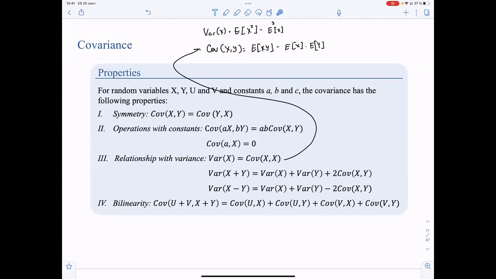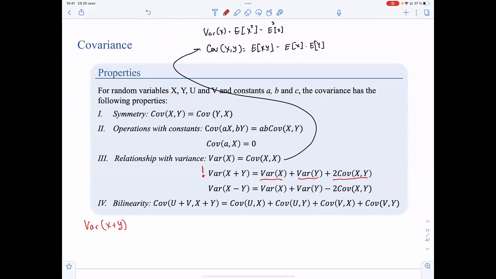A highly important moment is actually here, because the variance of the sum of two random variables is the variance of the first plus the variance of the second plus double the covariance of xy. This is a highly important moment because it affects the evaluations a lot. So let me try to elaborate that.